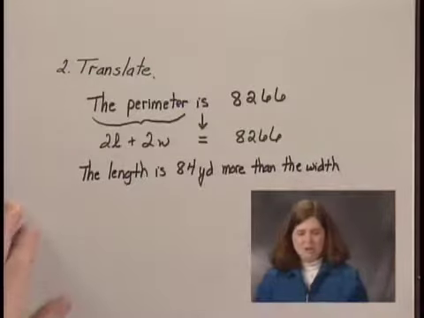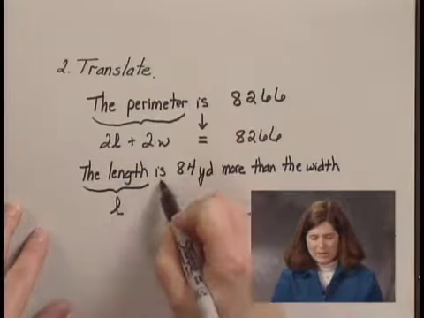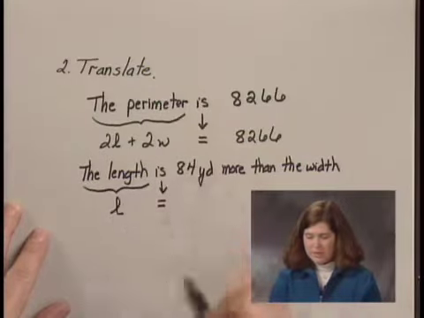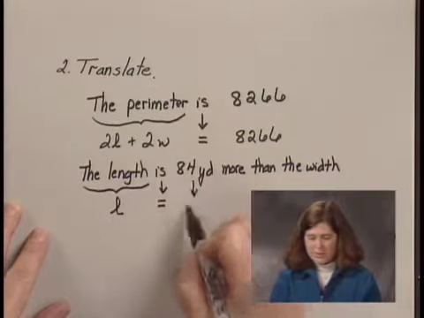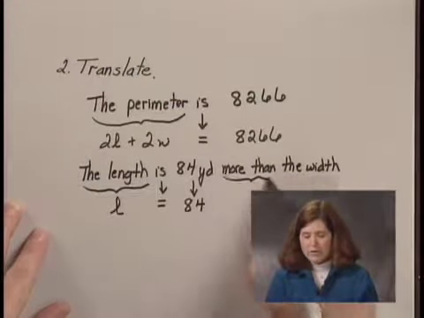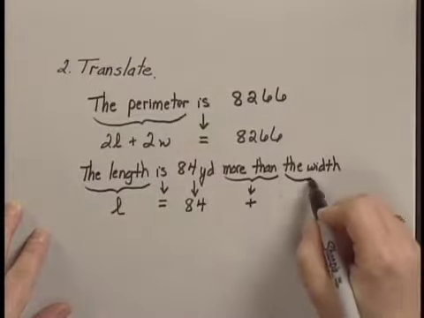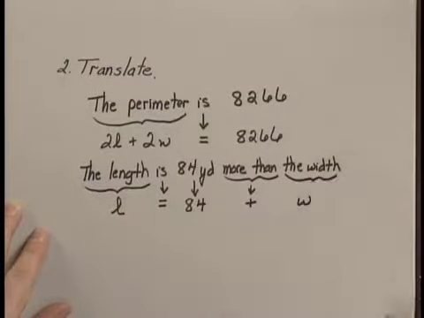Translating that to mathematical language, the length we called L translates to equals 84 yards, we'll write as 84. More than is addition, so we'll write plus, and the width would be W.